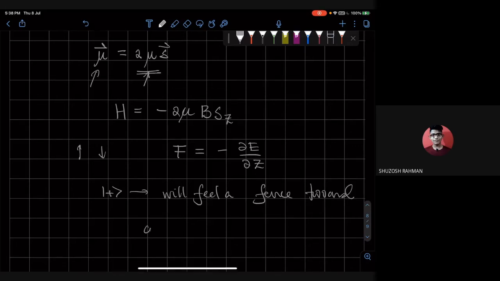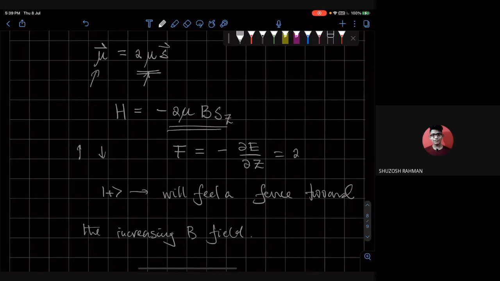How did I figure that out? I took this expression for energy and plugged it in, and these two minus signs became a plus sign.